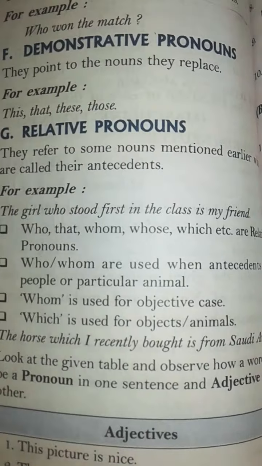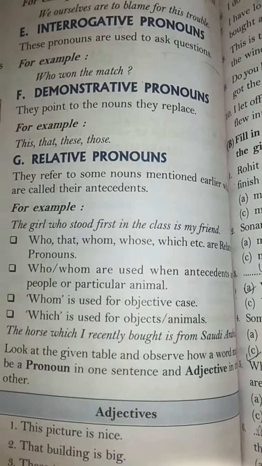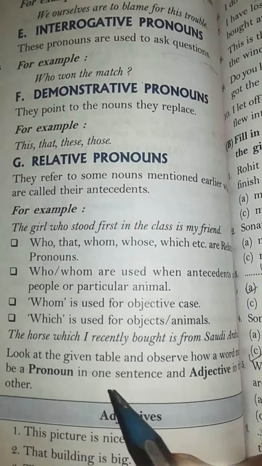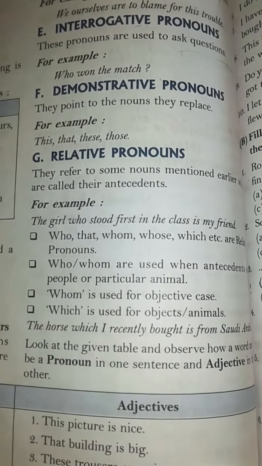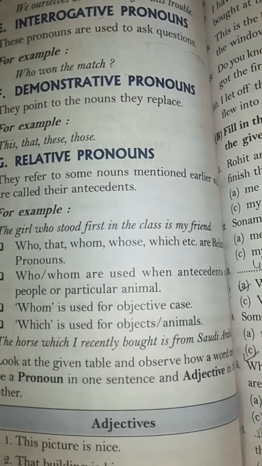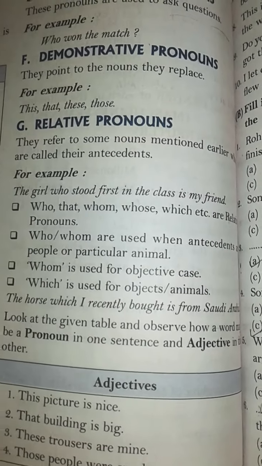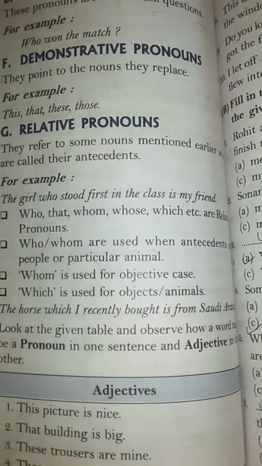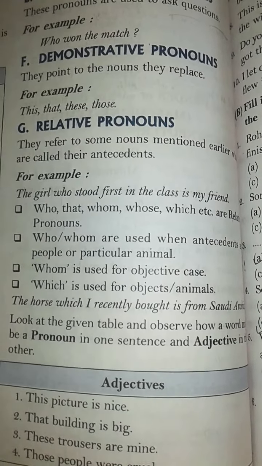For example, we can say, which animal is this, which object is this. The horse which I recently bought is from Saudi Arabia. This is one of the examples.